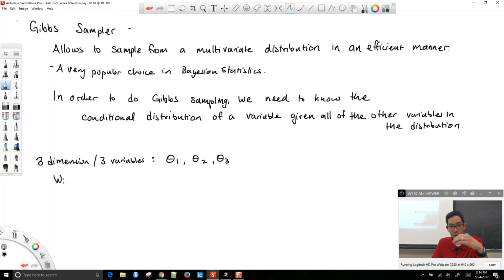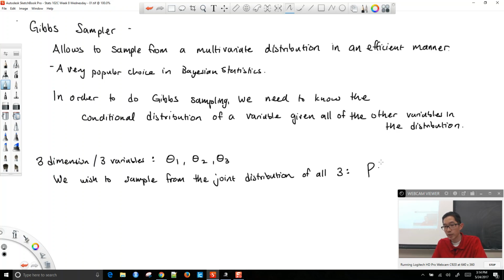And we wish to sample from the joint distribution of all 3. And that would be the density of theta 1, comma theta 2, comma theta 3. This is what we want to sample from.